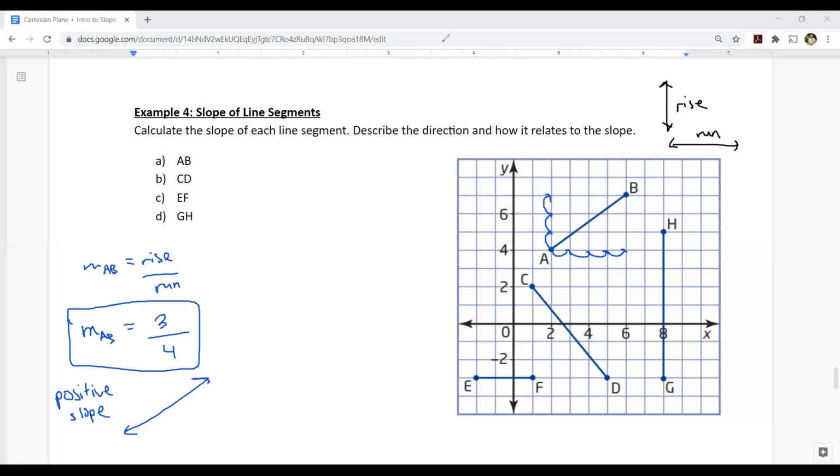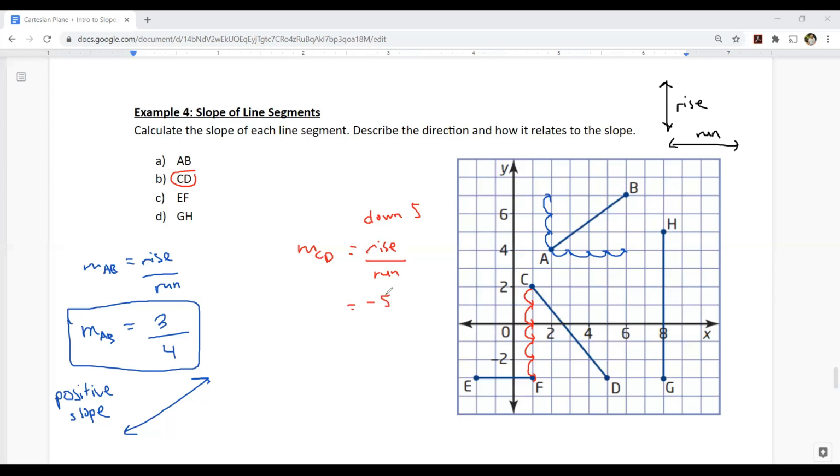We'll do one more. We'll do line CD. So doing the same approach, we're going to do our rise. And this time you're going to see that we went down 1, 2, 3, 4, and 5. The key word is down 5. Therefore, when we write our rise over run, we're actually going to write negative 5.